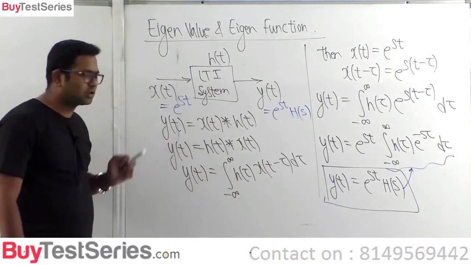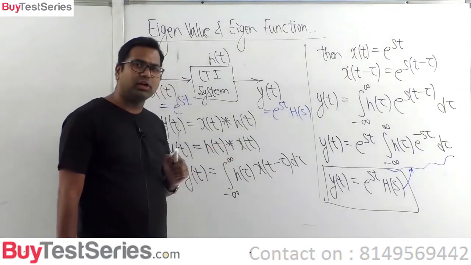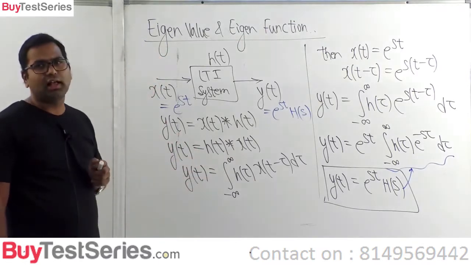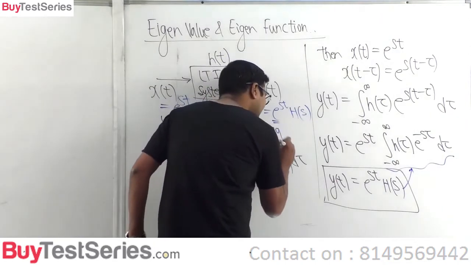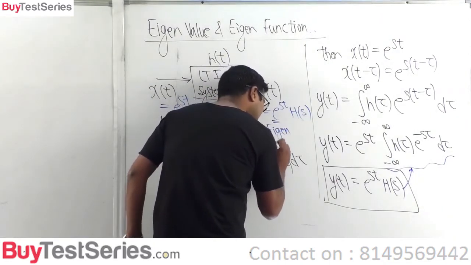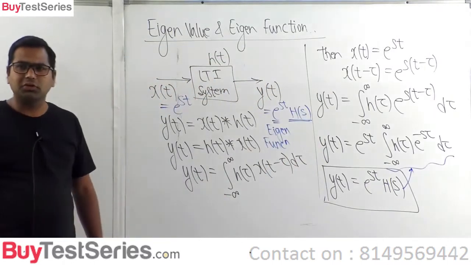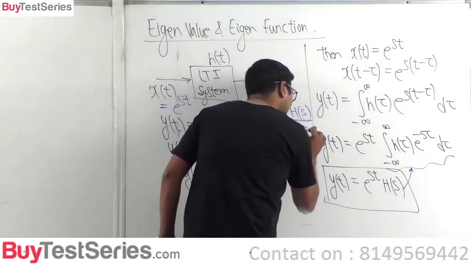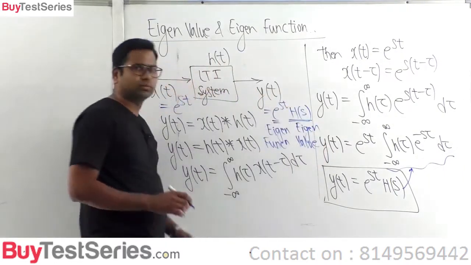Therefore, such functions which when applied to the input appear as it is in the output multiplied by a constant are called eigenfunctions. Therefore, e raised to st is called the eigenfunction, and the value by which the eigenfunction is multiplied at the output is called the eigenvalue. Therefore, capital H of s in this case is called the eigenvalue.